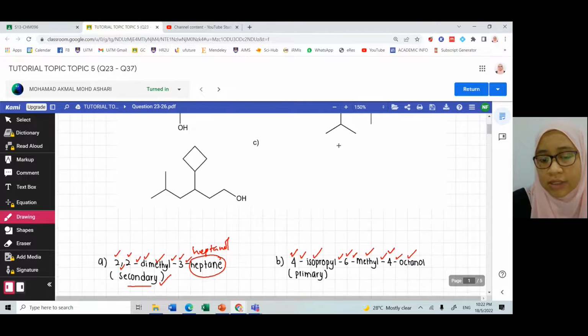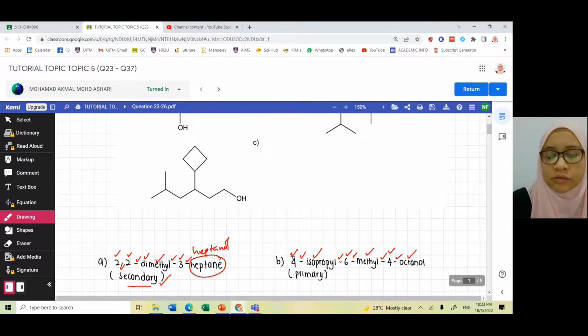In terms of alphabetical order, since it starts with M, 1-methylethyl, we have methyl and the other one is also methyl.